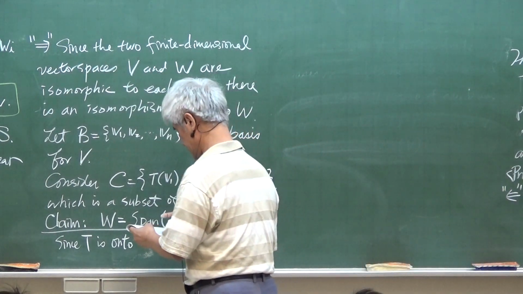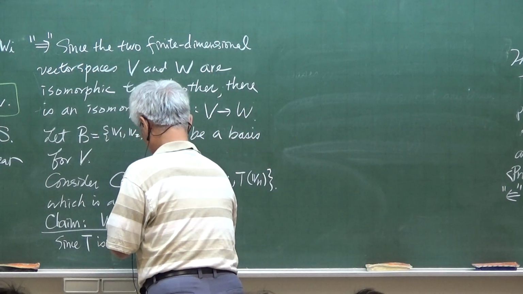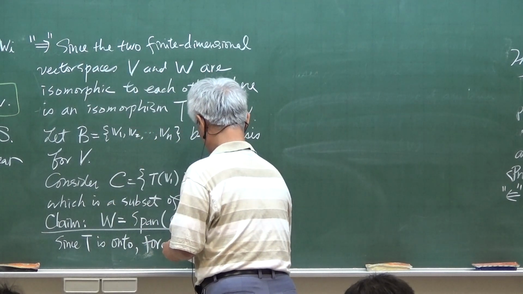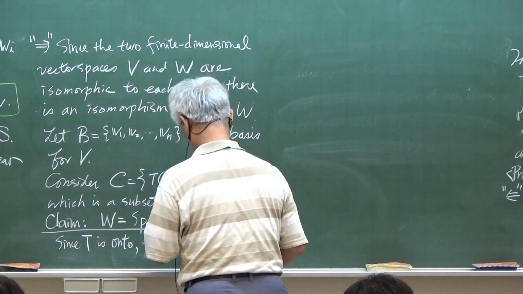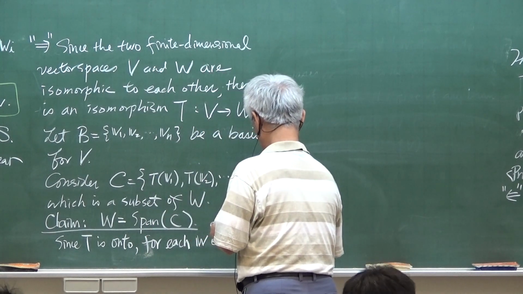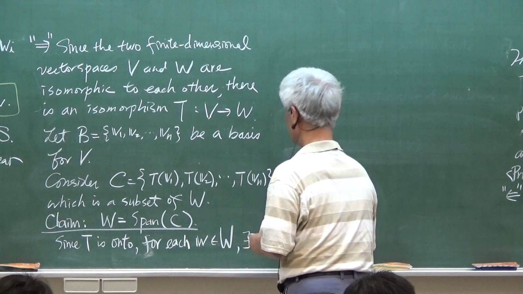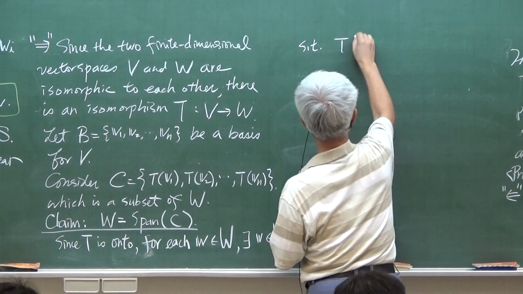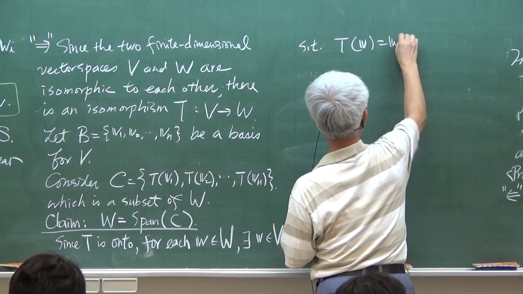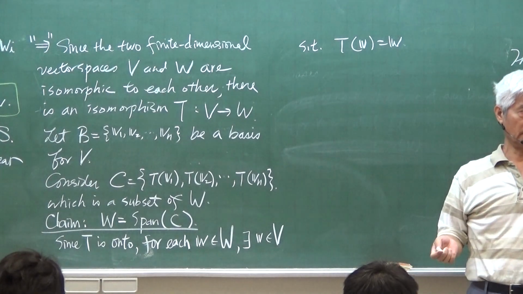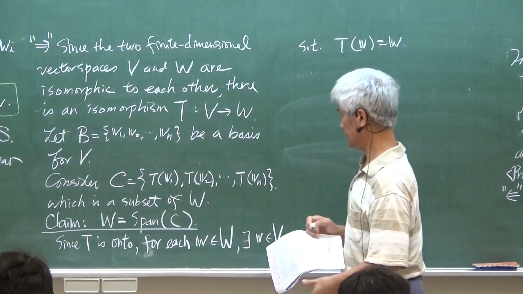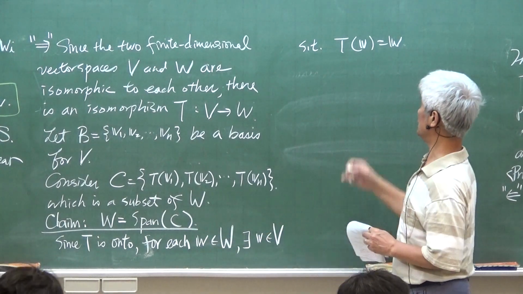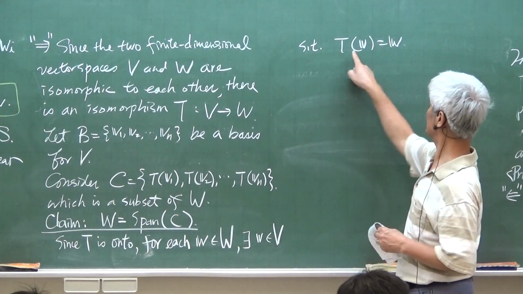So T is onto: for each w in the codomain, there exists a v in the domain such that T v equals w. This is onto. So every element in the codomain is the image of an element in the domain.